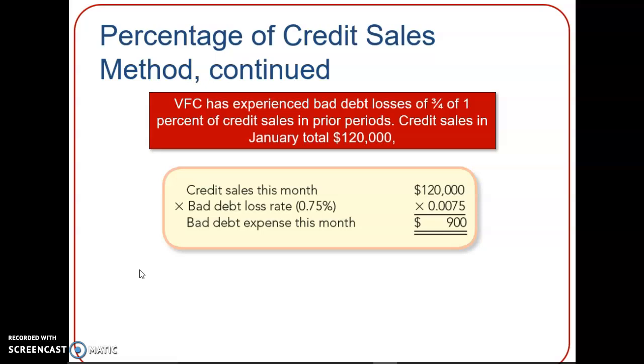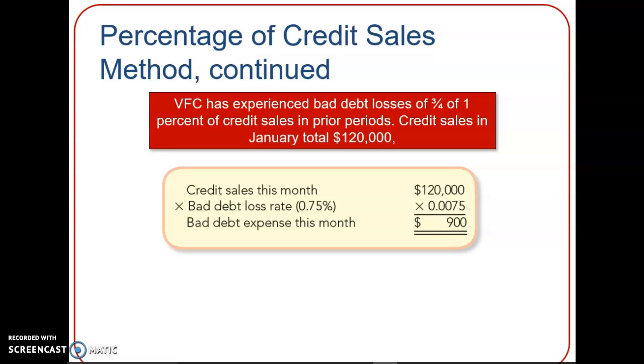So go back to our example. VFC has experienced bad debt loss of 0.75% of credit sales in previous periods. Credit sales in January totaled $120,000. So credit sales this month is $120,000 times bad debt loss rate of 0.75%.